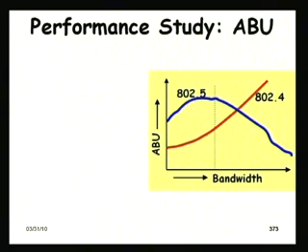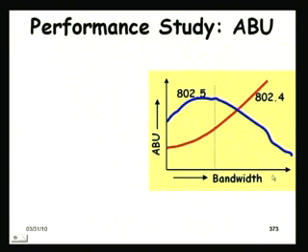Now, based on these two metrics, there is an evaluation of the two protocols. For the ABU metric, for the 802.4 protocol, as the bandwidth increases, the absolute breakdown utilization increases. So, is it intuitive or counterintuitive?